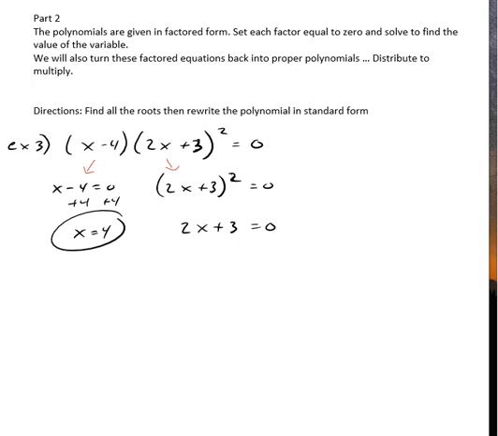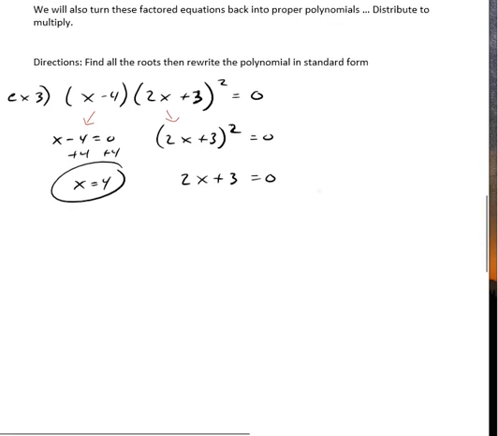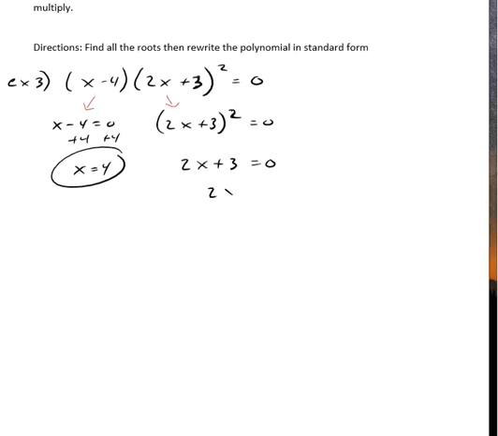So it's just going to be a multiplicity of 2. Subtract 3, divided by 2. And so I would have this twice, which means I'm just going to note here that it has a multiplicity of 2.